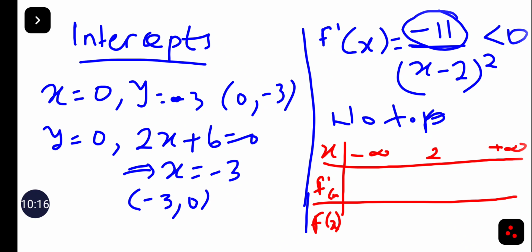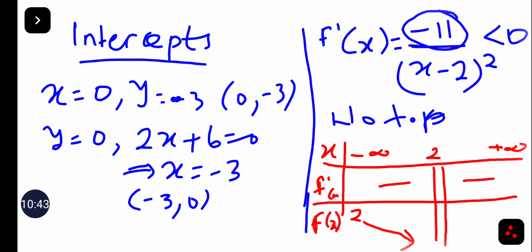Now this 2, x equal to 2, is a vertical asymptote. And the derivative of that function is always negative, so here is negative, here negative. When we calculated the limit as x tends towards negative infinity, it gave us 2. Since it decreases, you put the 2 up, and it goes down, decreasing from the limit 2.